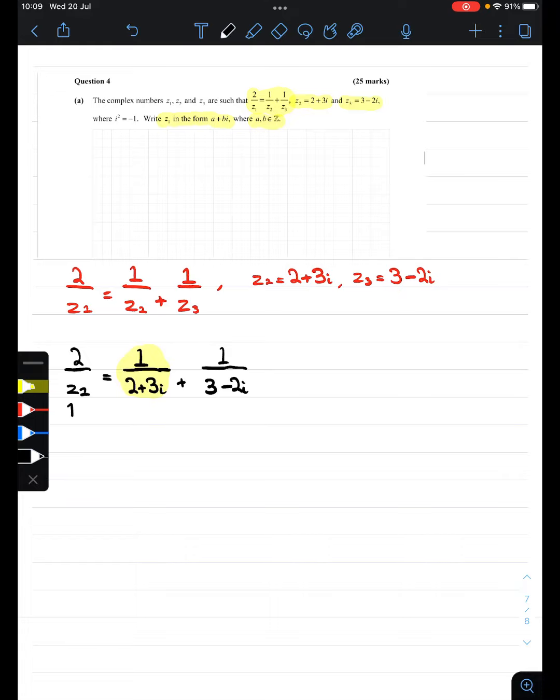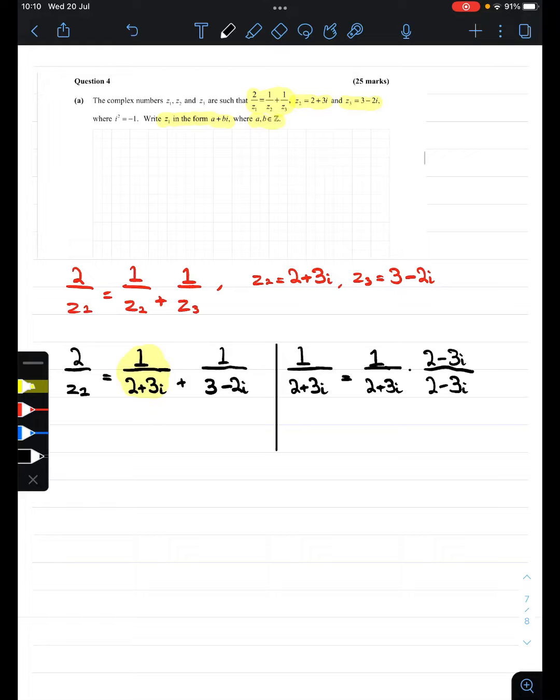So let's just work over here. 1 over 2 plus 3i is the same as 1 over 2 plus 3i multiplied by 2 minus 3i over 2 minus 3i. And of course it is, because 2 minus 3i over 2 minus 3i is 1.